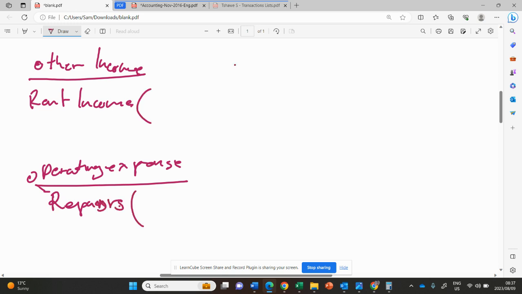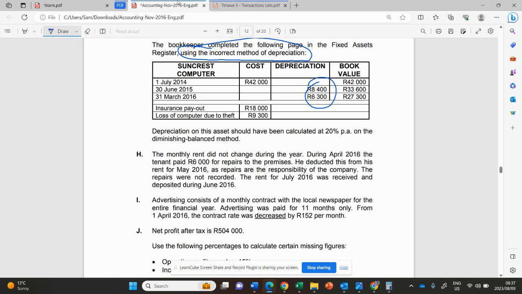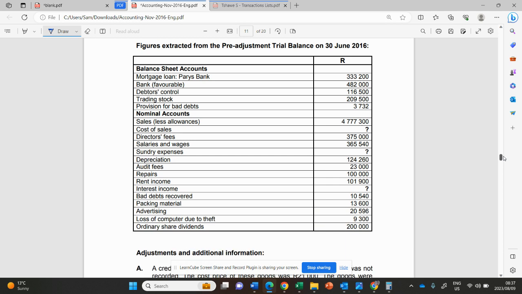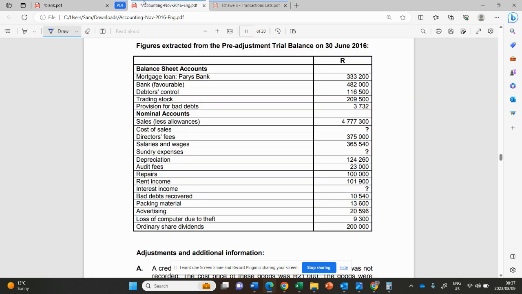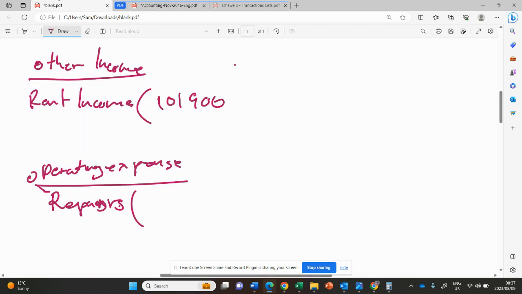So we firstly need to take out the amounts from the extract. The rent income there was 101,900. Then the repairs here is 100,000.